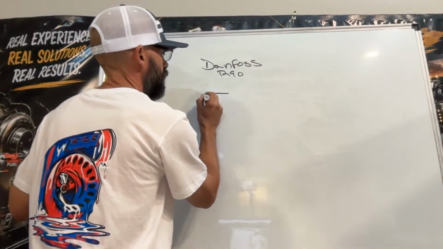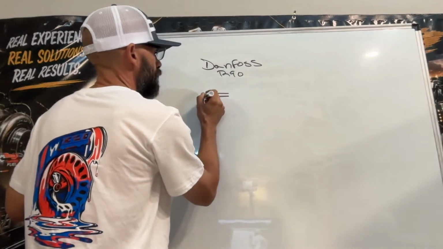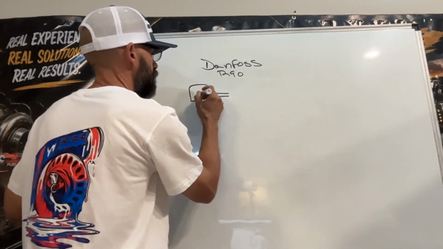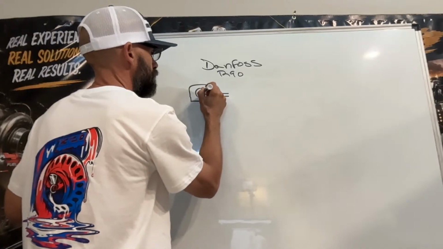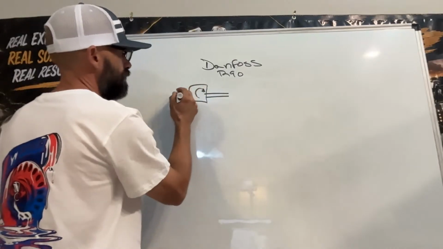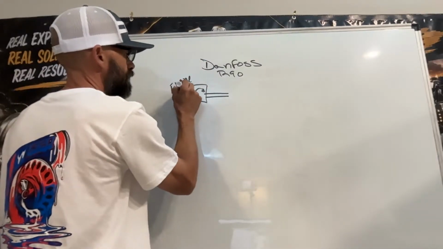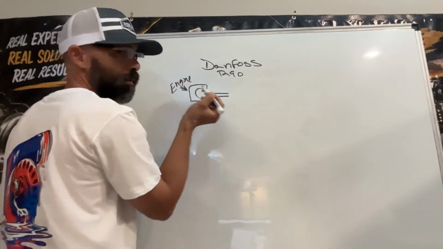You're going to have a line like that, and then a square like this with an arrow, meaning that this is the engine of the drill.